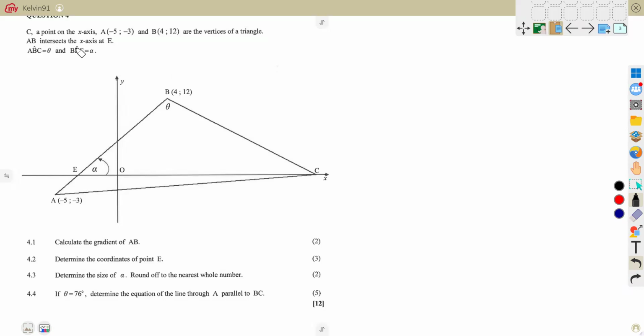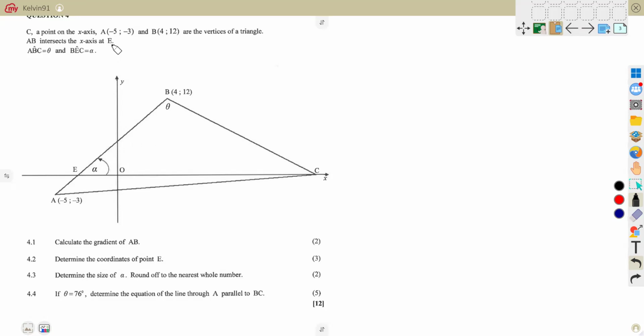We are now on question 4. You are given C, a point on the x-axis, A (-5; -3), and B (4; 12) are the vertices of a triangle.